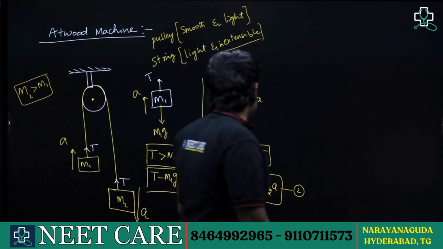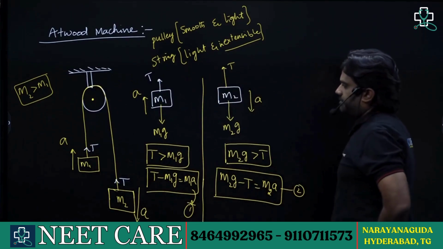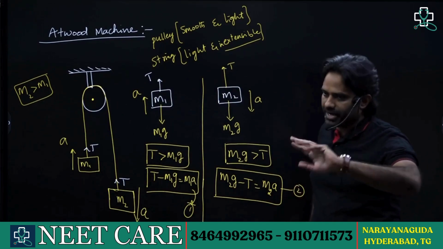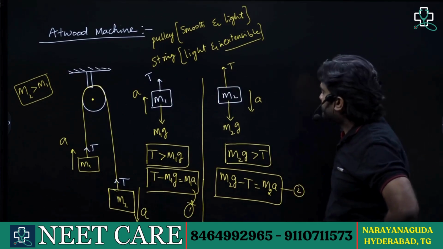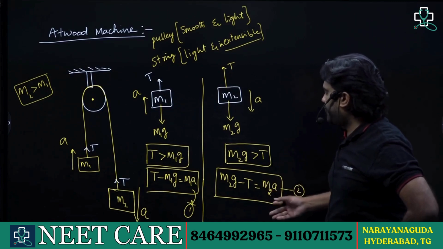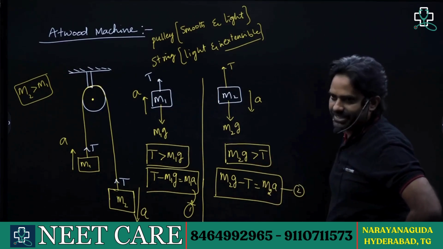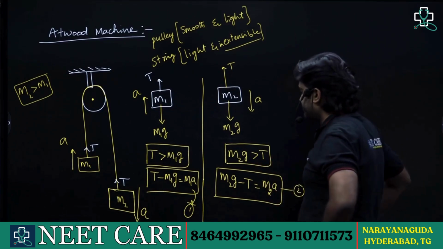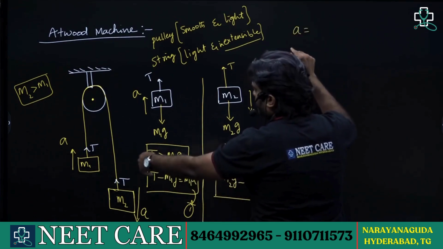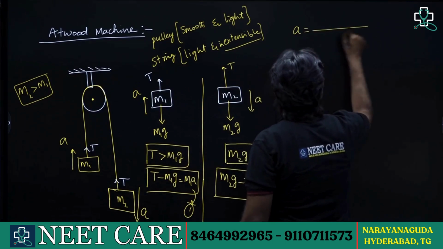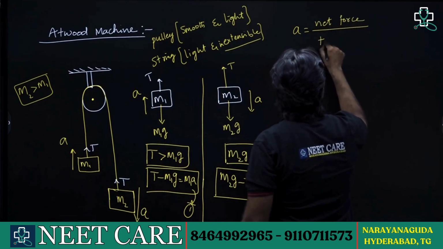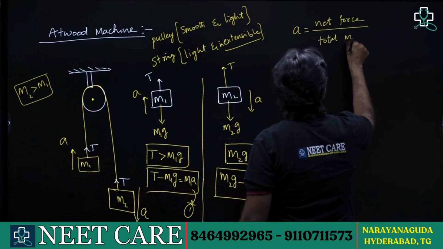So this and this are crucial. When you are writing down net force is equal to MA, you need to take the greater force minus the smaller force. Now solving 1 and 2, you will get a standard formula for acceleration as well as tension. But meanwhile, for acceleration you can directly use this formula, since only 2 blocks are there. You can apply net force by total mass directly.